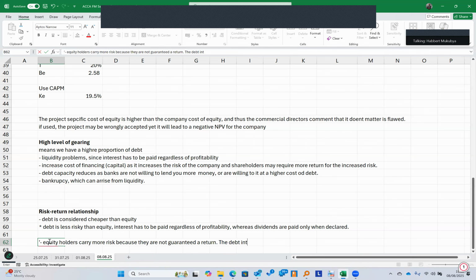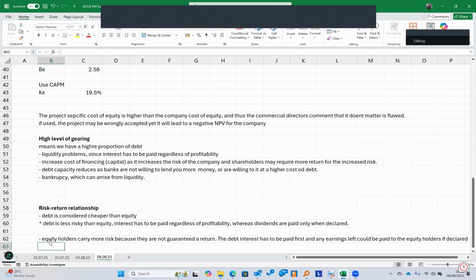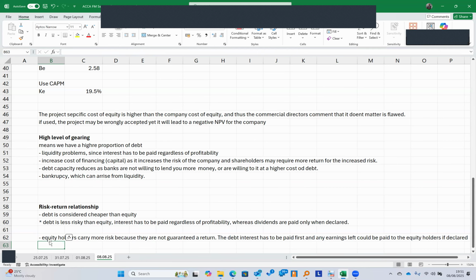The debt interest has to be paid first, and any earnings left could be paid to the equity holders if declared. So you can see why equity holders will not want you to have so much debt. That's why they don't like having so much gearing, because the higher the gearing, in the case of payments, they are the last ones to be paid.